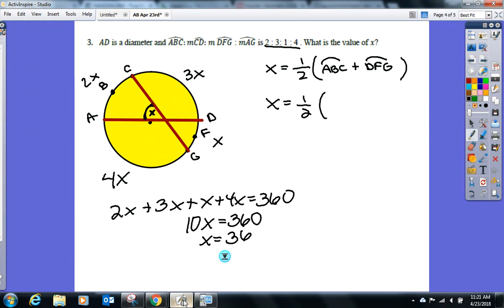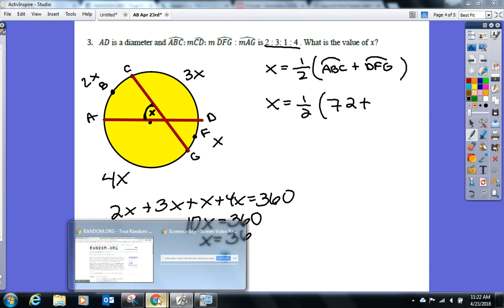What do we call arc ABC? That's our 2x, right? And what do we find out for the value of x? 36. So 36 times 2? 72.